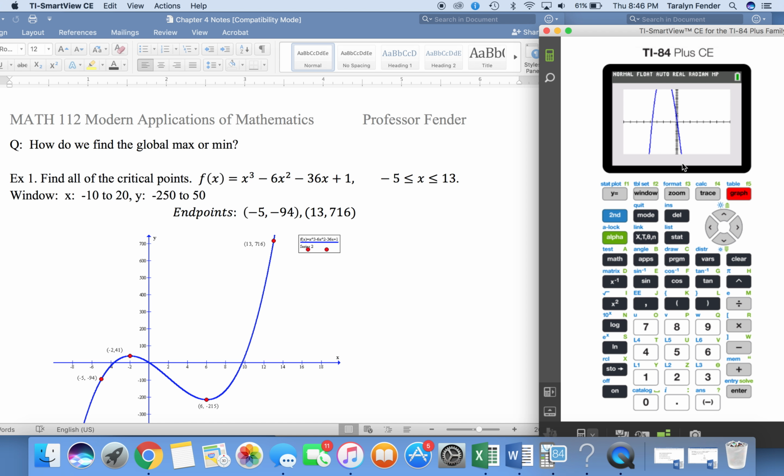Okay, but we can't see everything, so let's go to window. My x values are negative 10 to 20, and my y values are going to be negative 250 to positive 50.